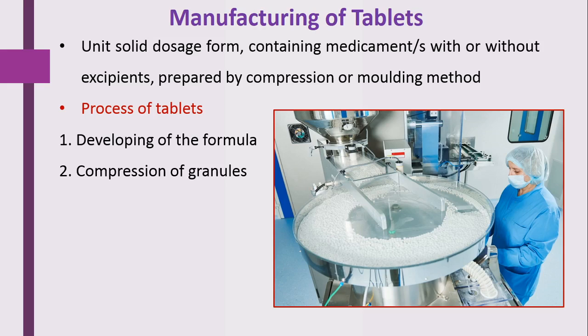In developing the formula, there is weighing of all the ingredients required for the tablet dosage form, and the mixing of powdered ingredients and the excipients. And last, converting the mixed ingredients to granules, which is included in developing the formula.